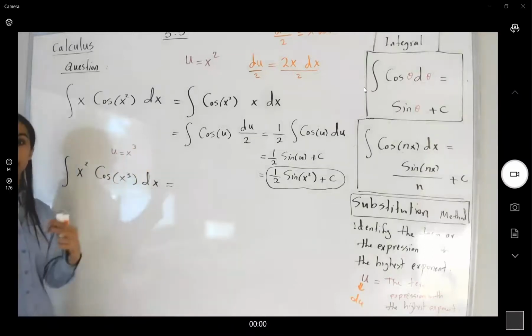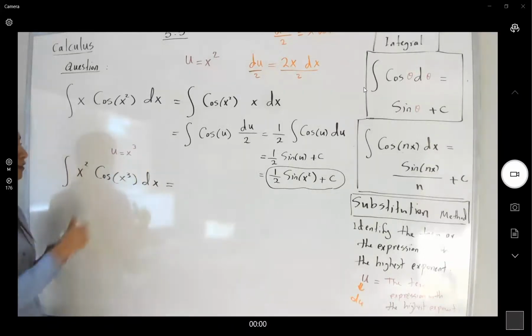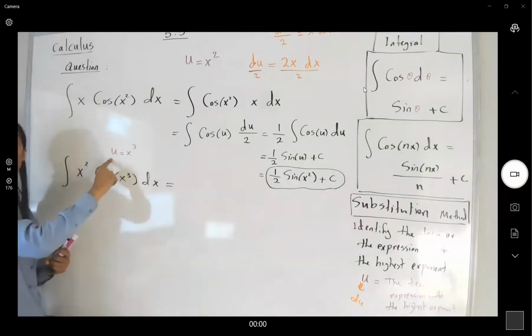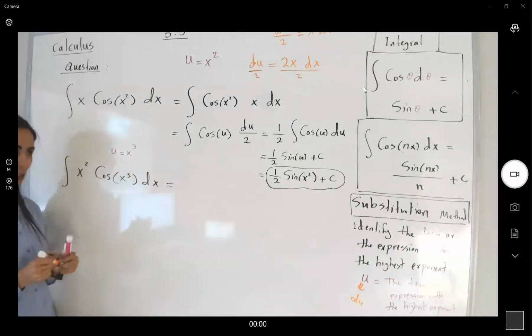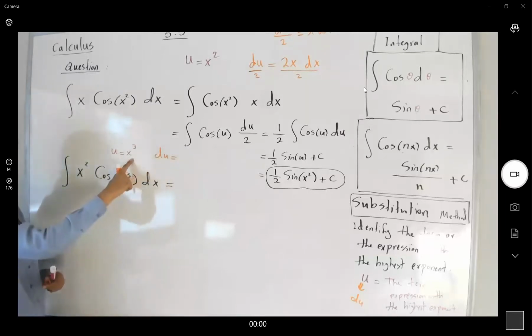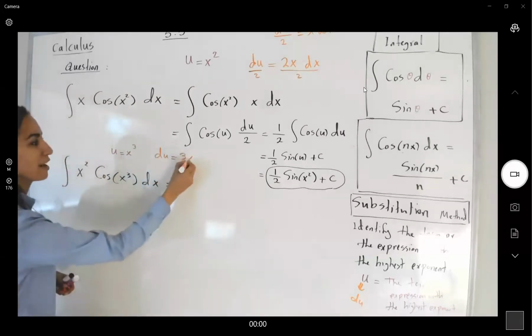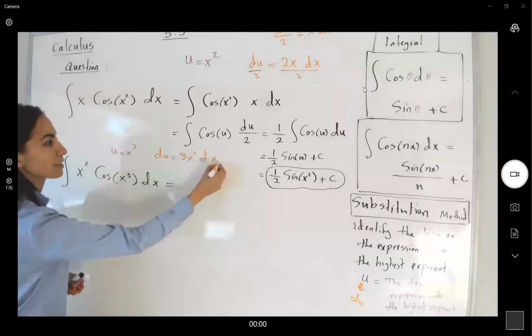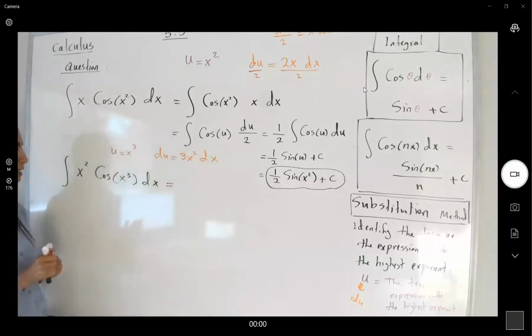Now, the next step is to take the derivative of both sides. The derivative of u is du, which is equal to the derivative of x cubed, 3x squared dx. Well, let's take a look at our integral one more time.